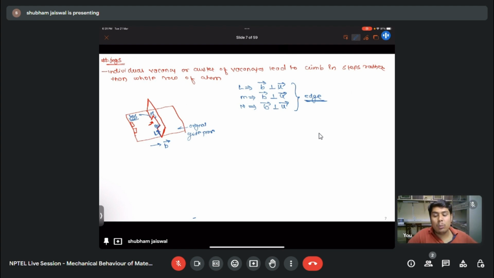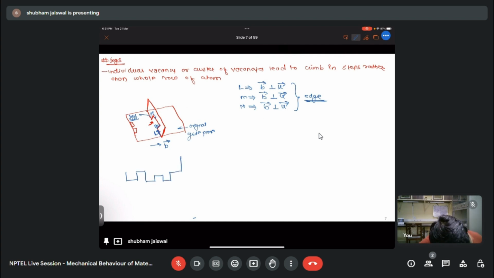jogs. Both the positive and negative climb, that is climbing up and climbing down, are processed by the nucleation of unit steps, and so this plane can climb up by a number of jogs.